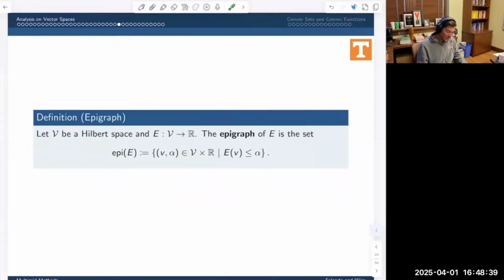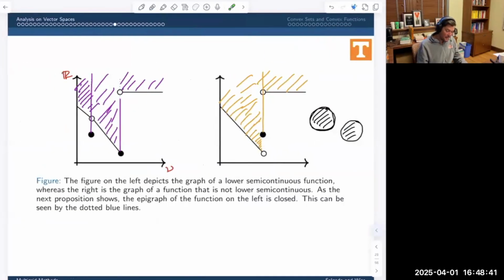So we can go back to our picture then. In light of that result, this graph here, because its epigraph is clearly not closed, is not lower semi-continuous. What about this one? This epigraph is closed, and therefore it's a lower semi-continuous function. That's exactly what the caption says.